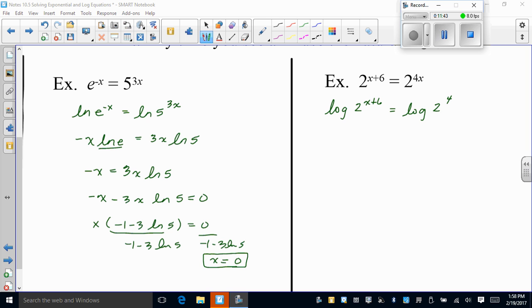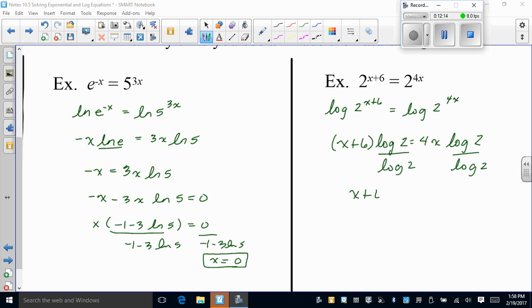So we get power rule, x plus 6 log of 2 equals 4x log of 2. Well, I can divide by log of 2, and those two lovingly disappear, and we're left with x plus 6 equals 4x.